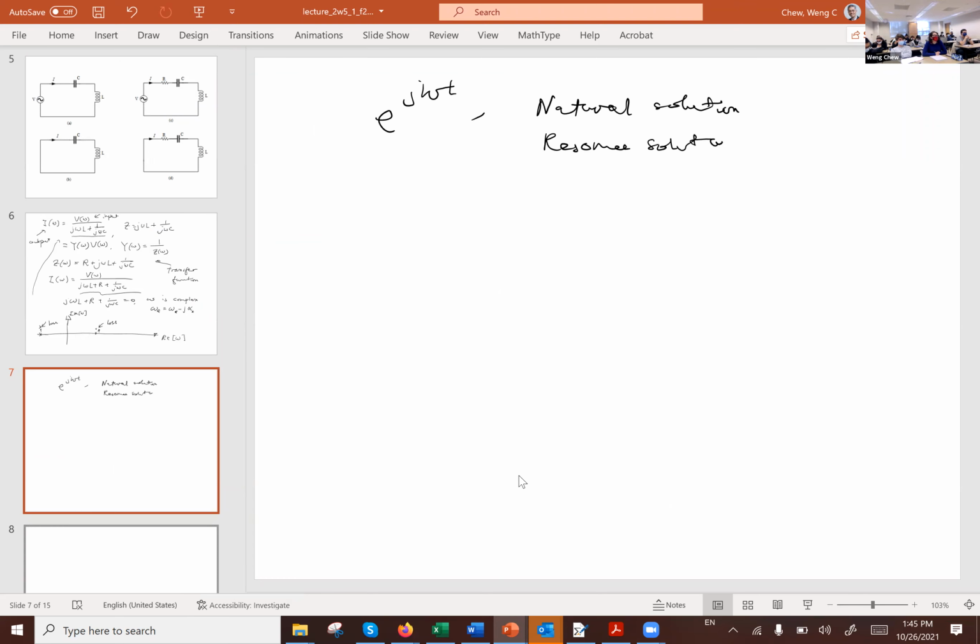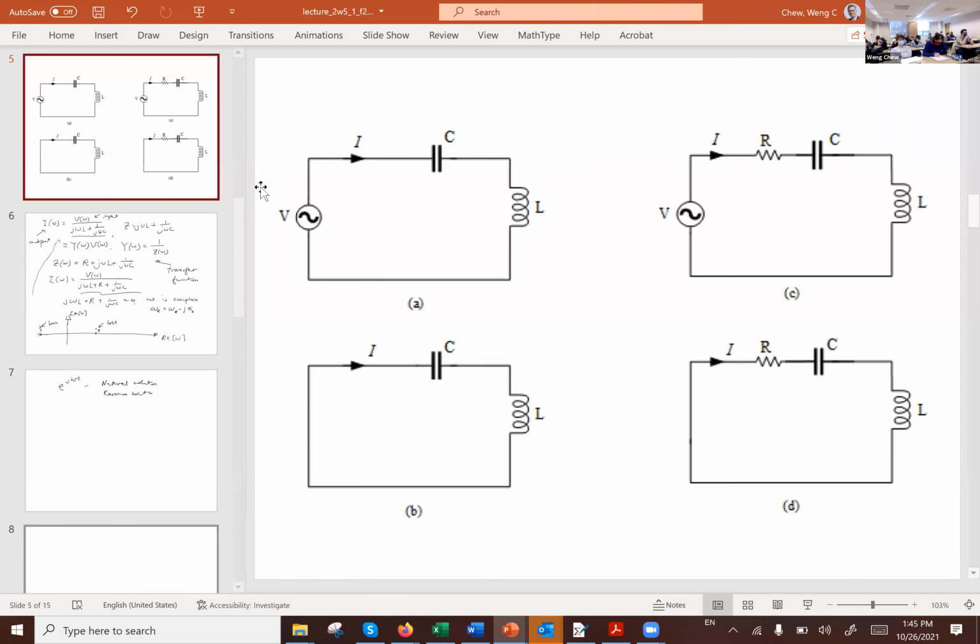So if I look at this system again, okay, there's still a natural solution on the bottom right-hand corner. A natural solution or a resonance solution now is defined to be the solution to this system where there's no external excitation. So that is, if I switch the voltage to 0, is there a solution to the bottom right-hand corner?